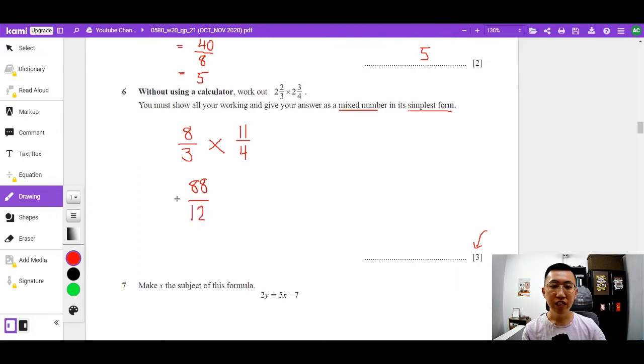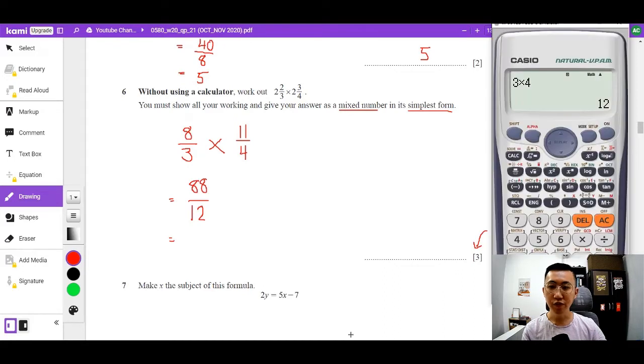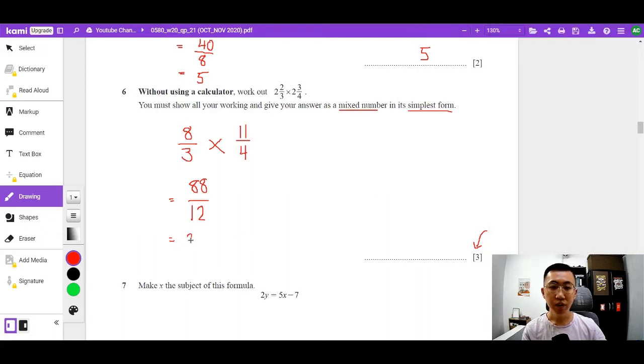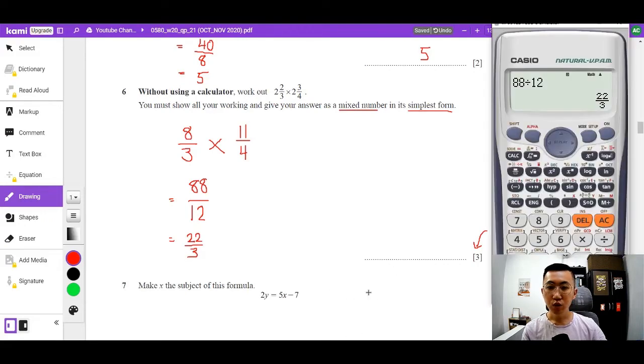Okay, finally, use your calculator again. 88 divided by 12. Okay, write 22 over 3. Okay, so here is improper fraction.